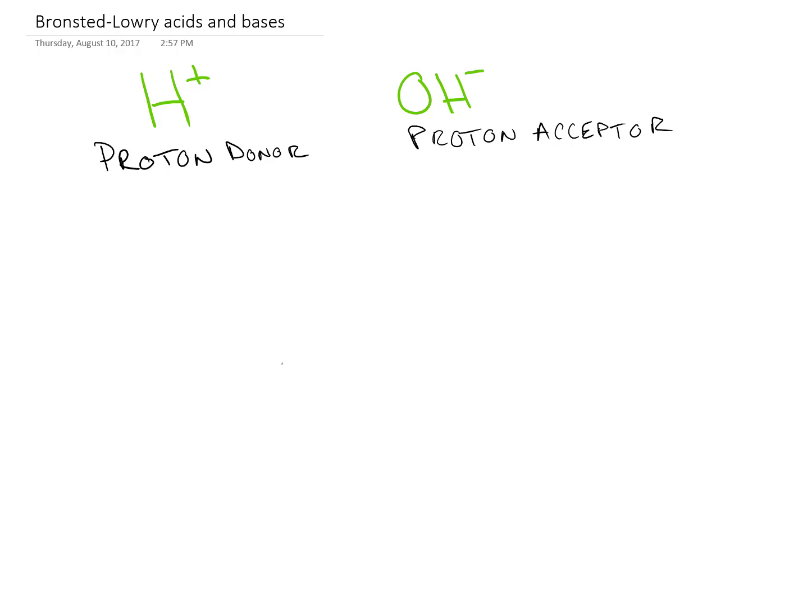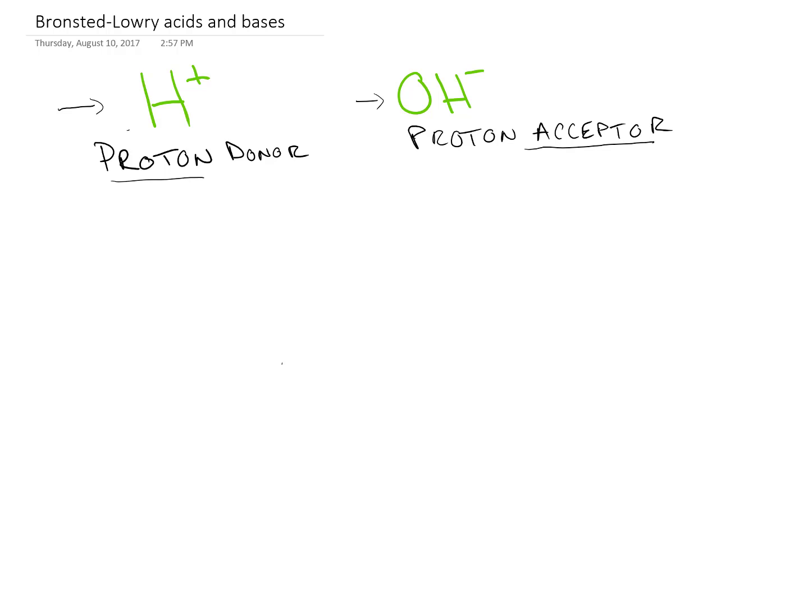So now we're going to see what happens when we let ourselves escape the limitations of hydroxide needing to be our base and H plus needing to be our acid. With Bronsted-Lowry, we define proton donor as our acid and proton acceptor as our base.